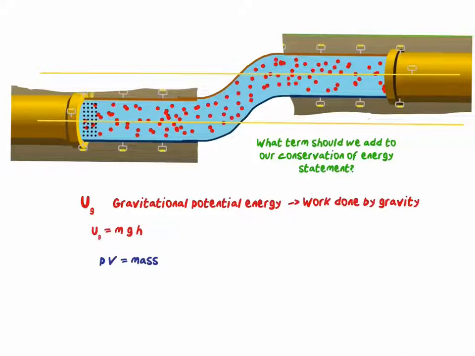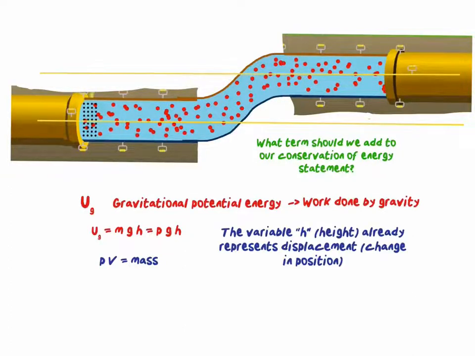So we'd be left with rho times g times h. Now, remember, h height is already a vertical displacement. So I'm going to take this out, and because I'm dealing with the difference between two places, I'm going to write a separate term on each side and have it as rho times g times y1, in other words, the vertical position at, say, the left-hand side. And then I'm going to add in rho times g times y2 on the right-hand side.